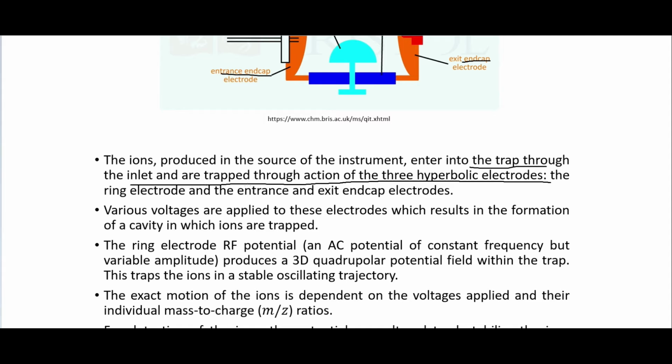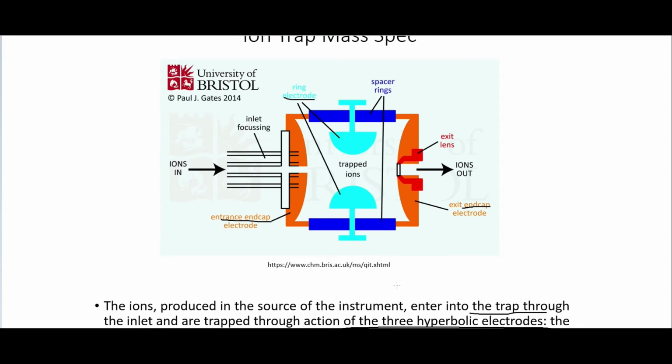Various voltages are applied to these electrodes, which result in the formation of a cavity in which ions are trapped. The ring electrode radio frequency potential, which is an AC potential of constant frequency but variable amplitude, produces a 3D quadrupolar potential field within the trap. This traps the ions in a stable oscillating trajectory.